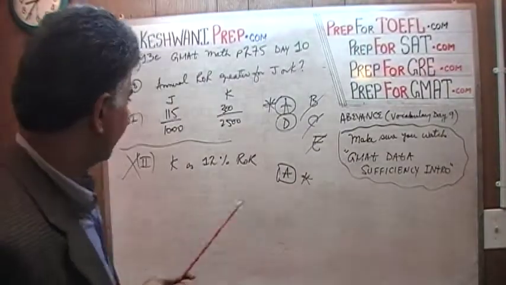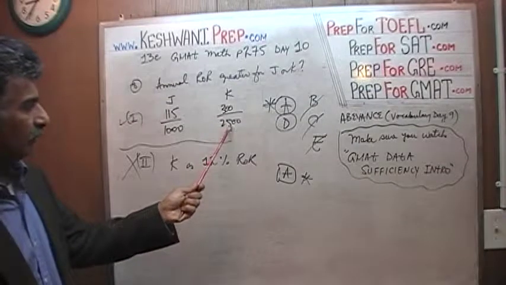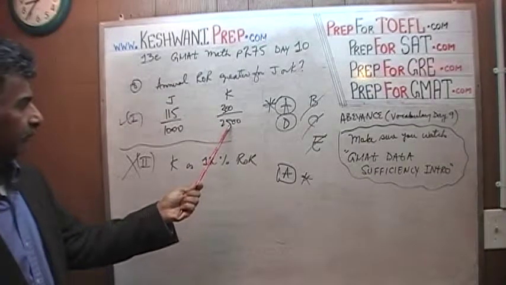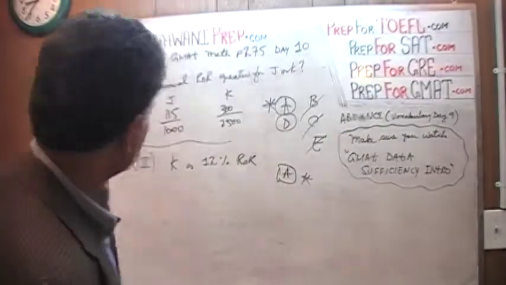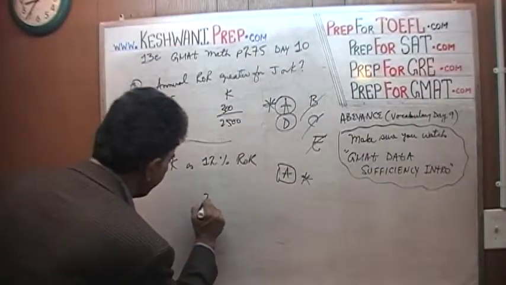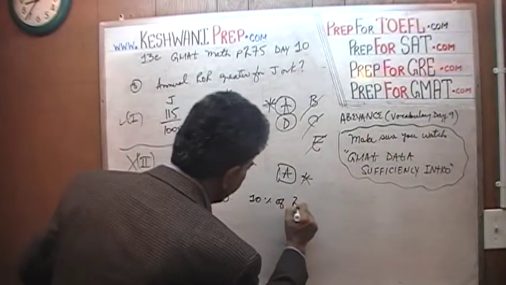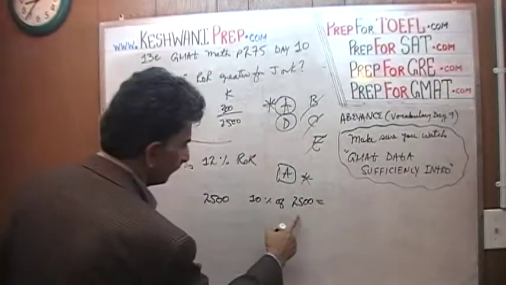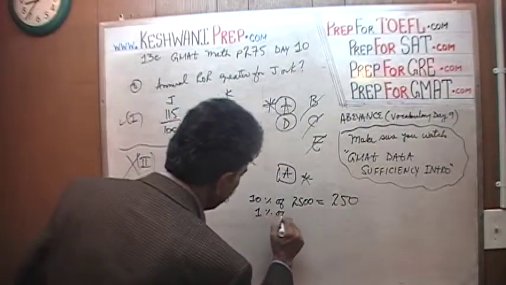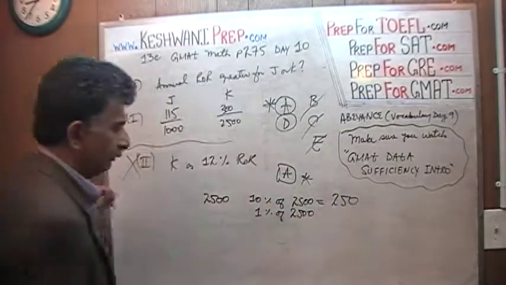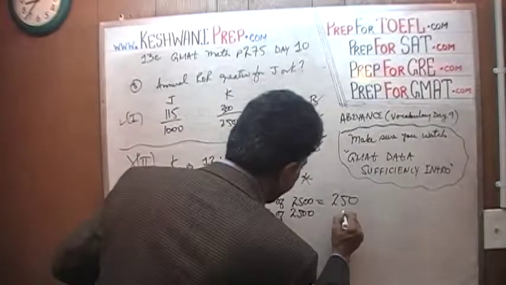Let's find out if this is the case here. Here they tell us K is 12%. Let's find out what is 12% of 2500, shall we? How should we do it? So here's your 2500. 10% of 2500 is 250. 1% of 2500, we just cross out the two zeros, that's $25.